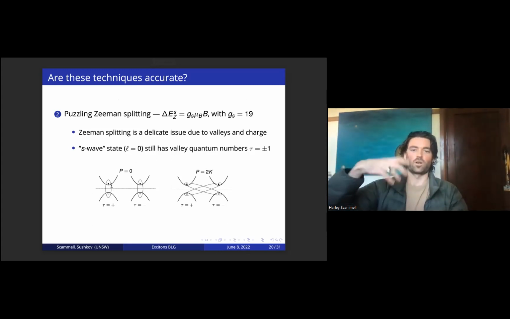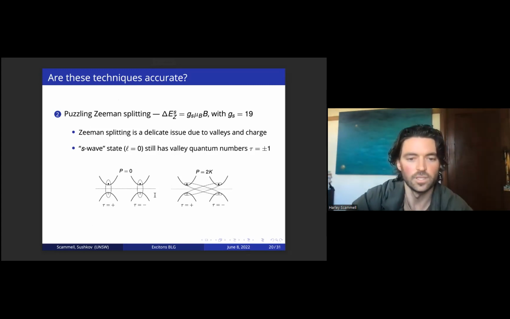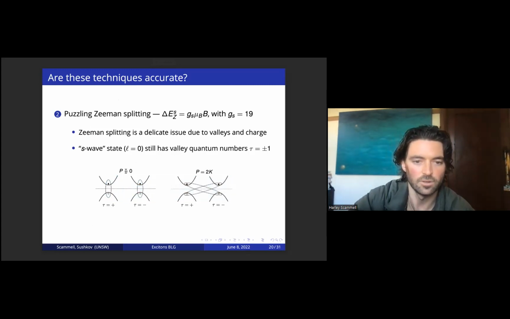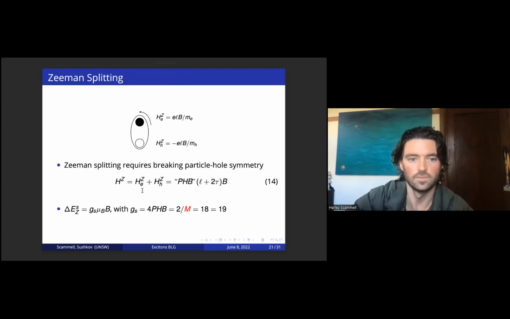So on top of this, you have to worry about valley quantum numbers. In experiment, they're only probing this P equals 0 state because they excite via photons. So what's going to happen is that this splitting is a splitting between the exciton in valley plus and the exciton in valley minus. So let's have a quick look at the issues here.